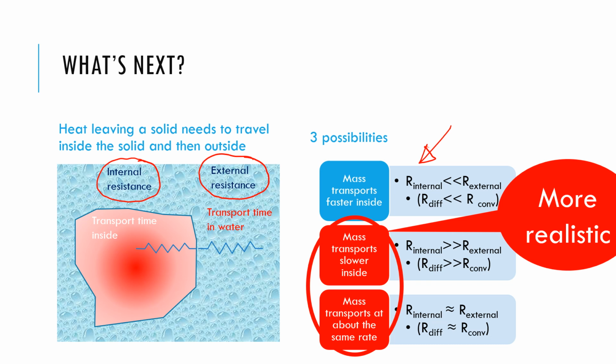When we started, we said a more realistic case would be these two, where internal resistance is even greater than the external resistance or they're equal. So these are more realistic, as we said. So if you want to know more about these realistic ones, then we go to the next module in a second.